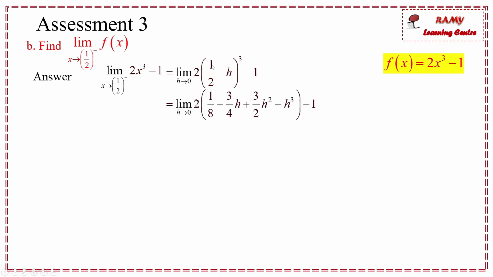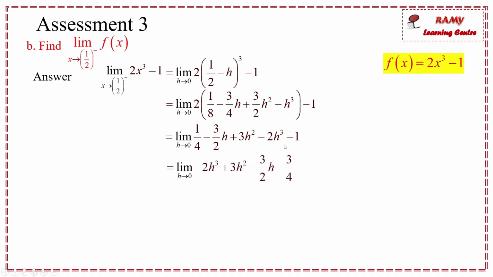So expand half minus h, you have half the whole cube that is 1 by 8 minus 3 into half the whole squared into h plus 3 into half into h square minus h cubed minus 1. Multiplying by 2 you get 2 into 1 by 8 is 1 by 4 minus 3 by 2h plus 3h squared minus 2h cubed minus 1.